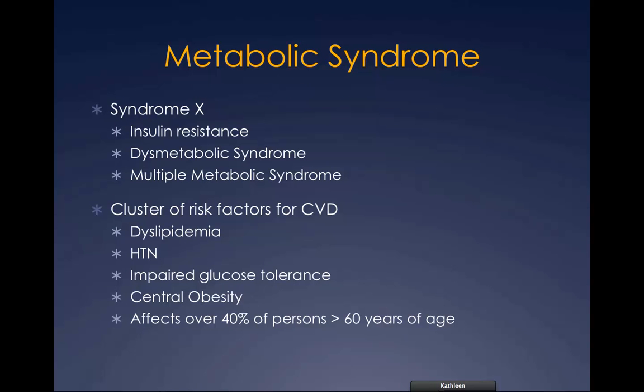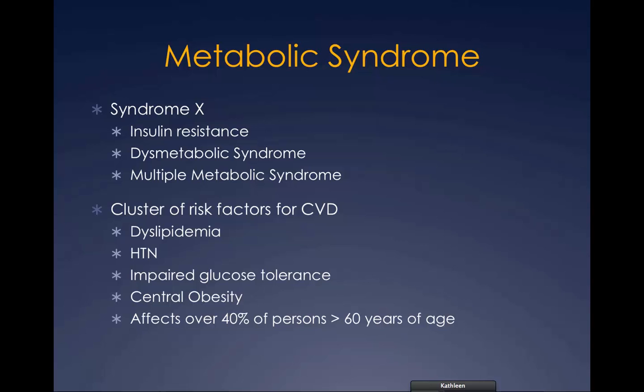Metabolic syndrome. Syndrome X has to do with individuals with insulin resistance, dysmetabolic syndrome, multiple metabolic syndrome, and there is a cluster of risk factors that these patients present with: hyperlipidemia, hypertension, impaired glucose tolerance, central obesity.